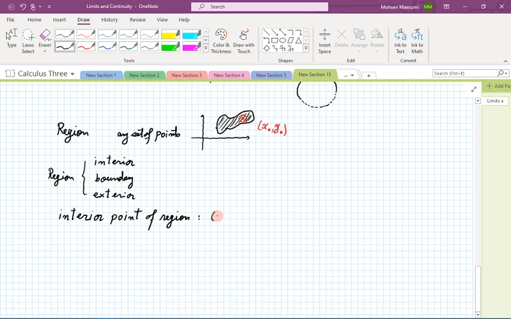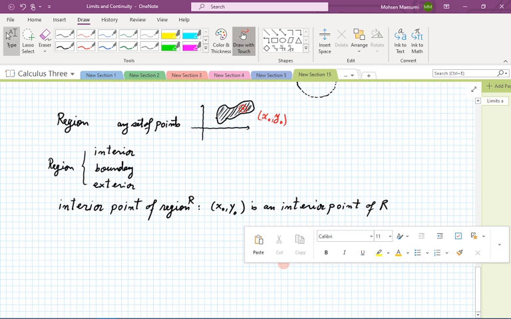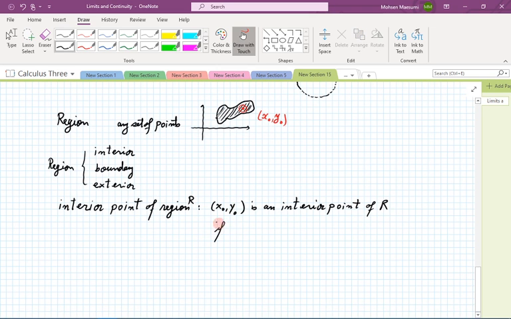We say a point x0, y0 is an interior point of, let's call this region R, if a delta neighborhood of it is in R. So if you can assure yourself that a neighborhood of this point is inside the region, then that point is called an interior point.